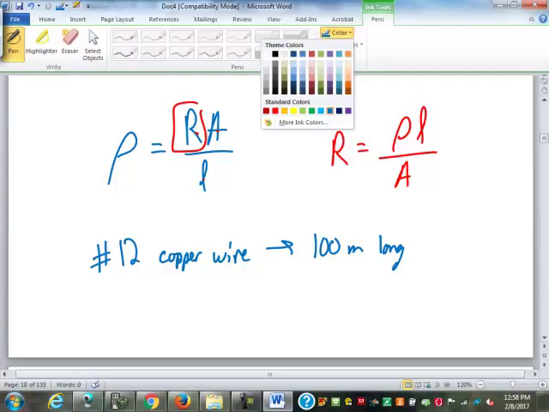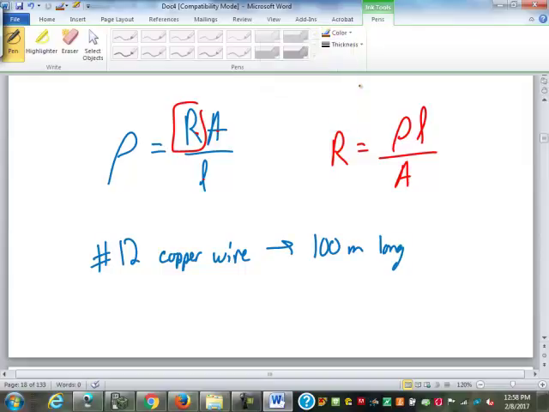So we're going back to page 277, and we're going to grab number 12, 2.053 diameter.